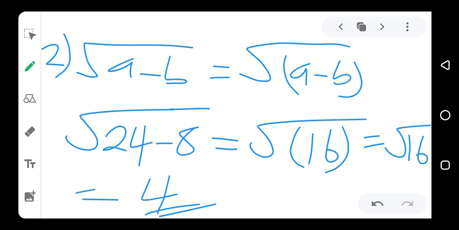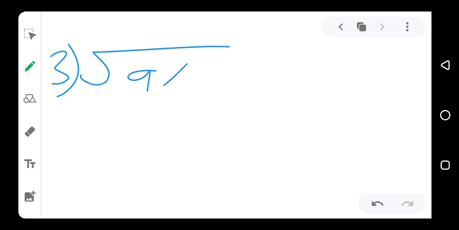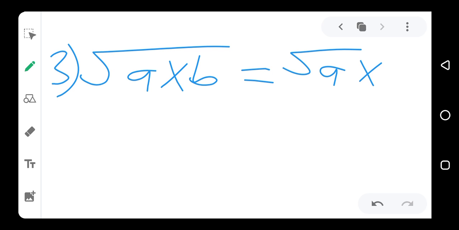Now, for multiplication, the rule is this. If we have root of A times B, we can separate two of them. So this can be root A times root B. Now you see the difference between multiplication and addition and subtraction.